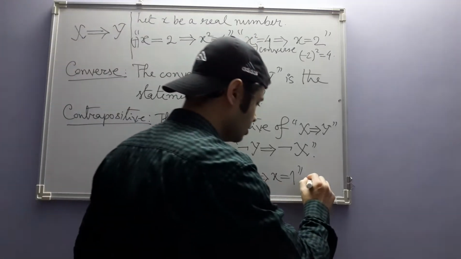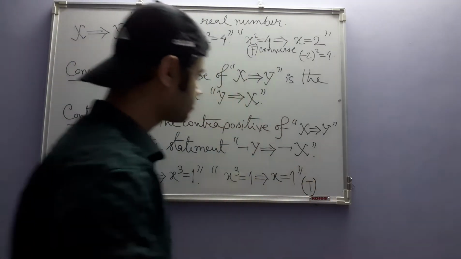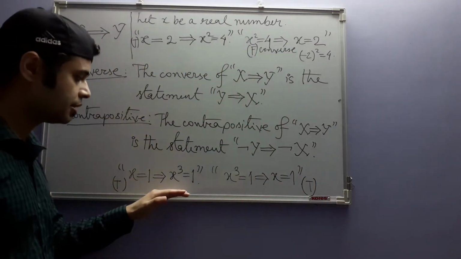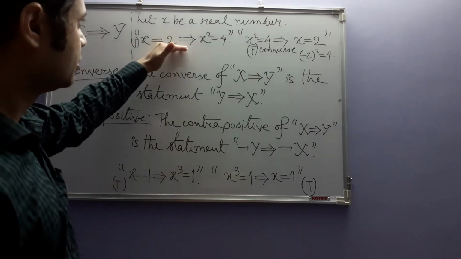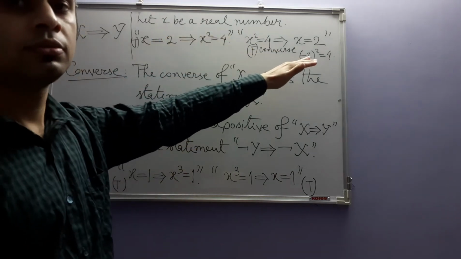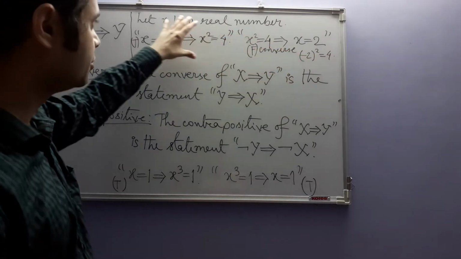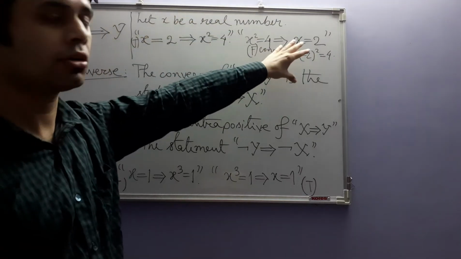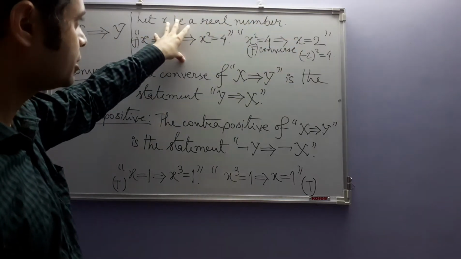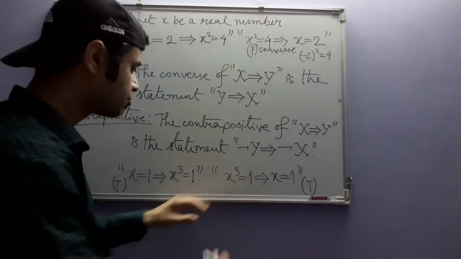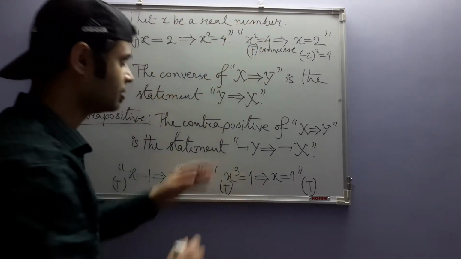This is true. So we see that from these two examples, it becomes apparent that there is no logical relationship between an implication and its converse. Given the implication is true, the converse may be true or may be false.